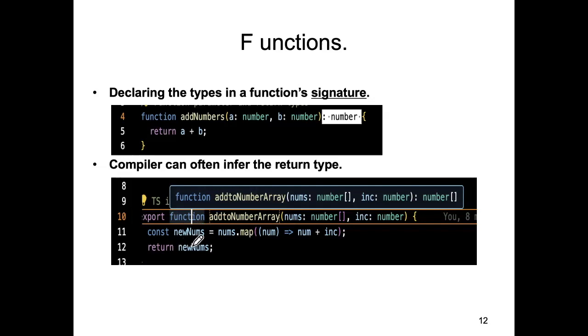When I do Command K, Command I on this function, it has inferred that the function's return type is an array of numbers, even though I haven't stated it explicitly here at all. So type inferencing is doing its thing there as well.